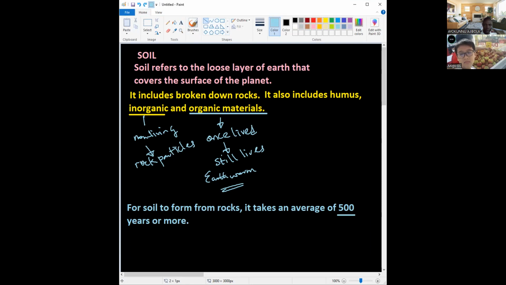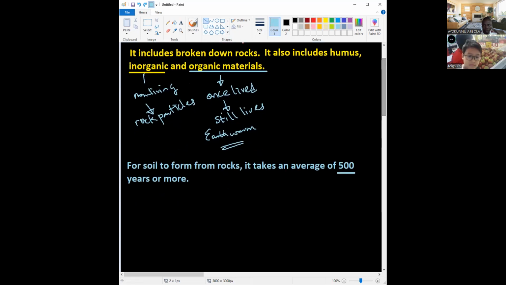And what makes soil form from rocks? We said it forms from broken down rocks. So the soil is usually formed when rocks break up into their constituent parts.